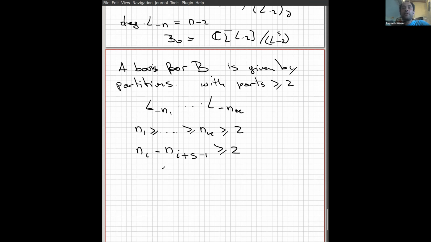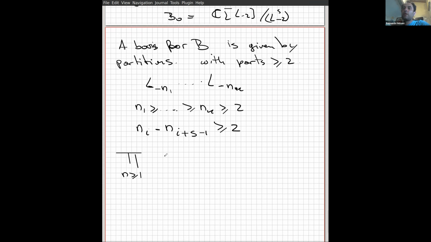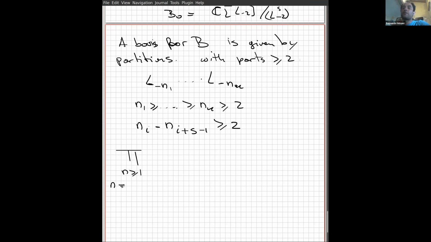The generating series for this partition is given by an infinite product. And this comes from Rogers-Ramanujan type identities, where this is modulo S over 2, oh actually, here is S over 2, and here is modulo S plus 1.